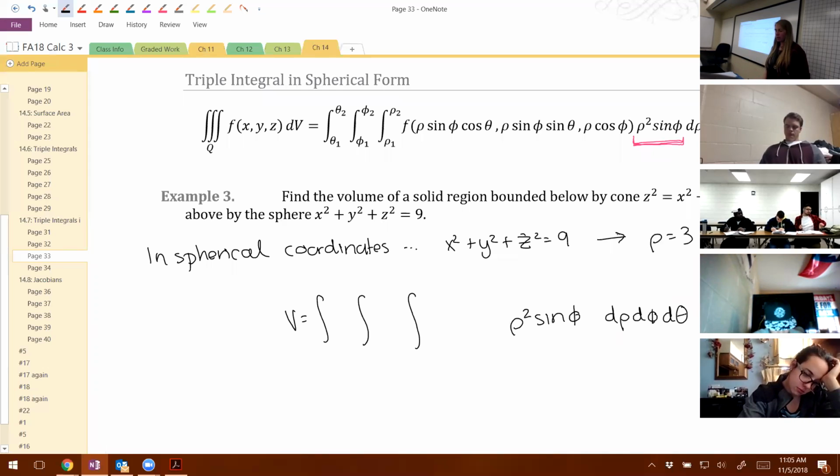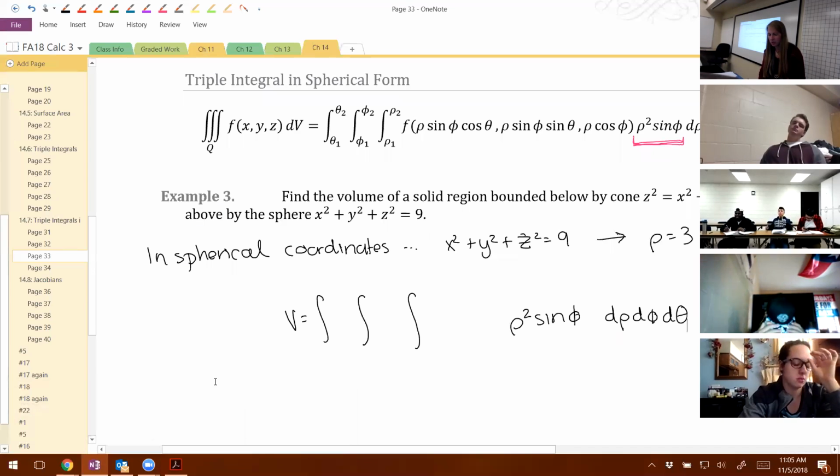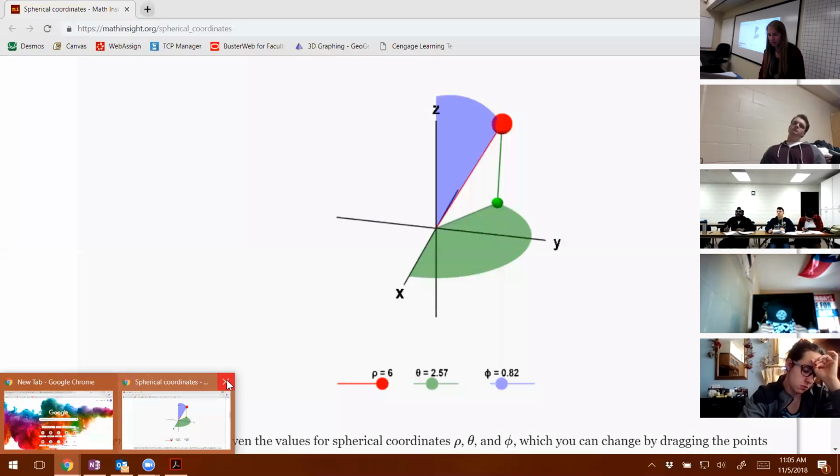So think about inner limits of integration. And I don't have this guy graphed. Maybe it would be a little easier if I graph it.